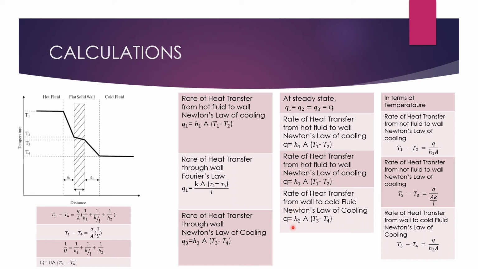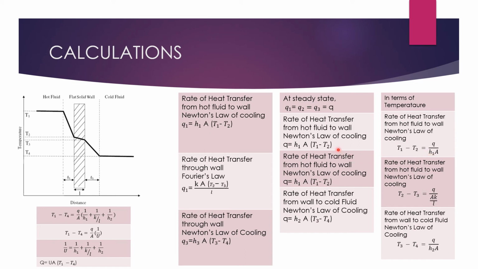Now the next step is that we are going to get all these equations in terms of temperatures. So we are going to take this term to the LHS. So the equation becomes T1 minus T2 is equal to Q upon H1A.